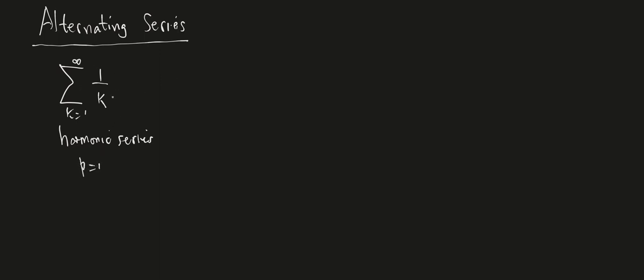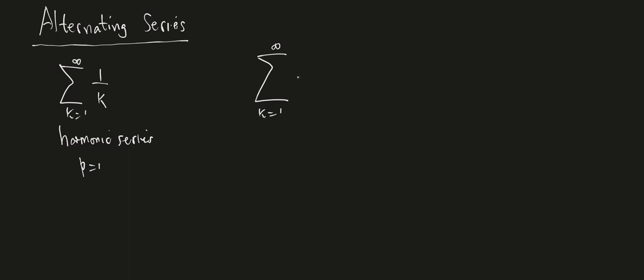Well, suppose I took this, right? So you know what the harmonic series is. It's really just the sum of the reciprocals of the positive integers. Well, suppose I change my harmonic series just by adding an additional factor here. So I'm going to multiply this term by another term, and the term looks like this.